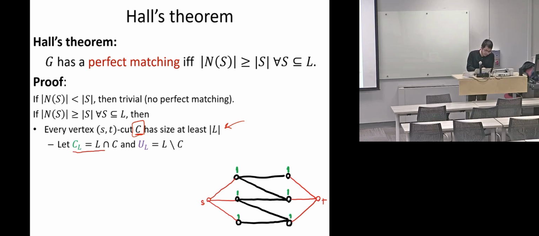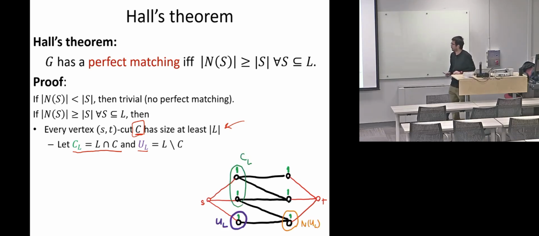Let's say C_L is the part of the cut on the left side, and U_L is the part that is not in the cut on the left side. This is cut on the left side, and this is not cut.